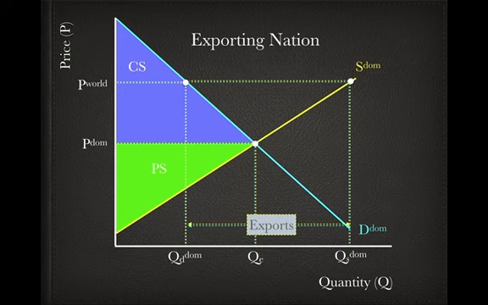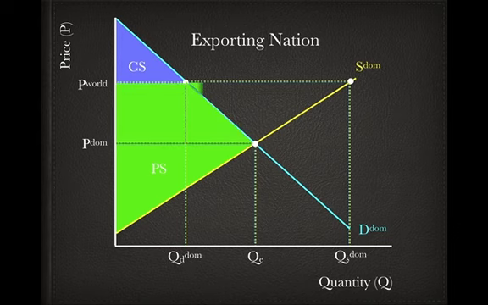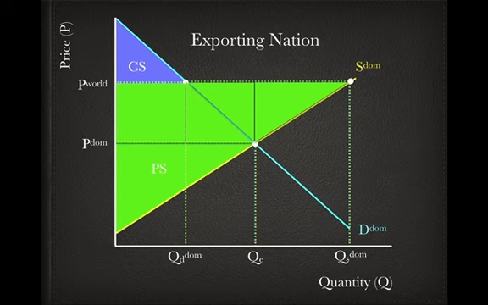So what we want to know now is how is this going to impact consumers and producers? So with the world price being higher, and that being the price in this domestic marketplace, consumers are going to be made worse off and producers are going to be made better off. So if we take a look at this, we can shade the areas in green, and since that's producer surplus, that is all now producer surplus.